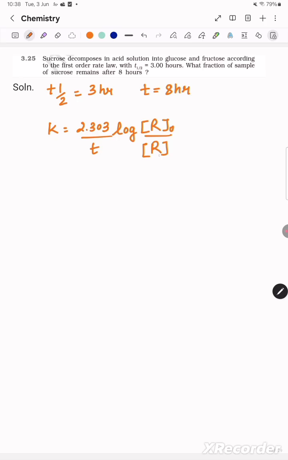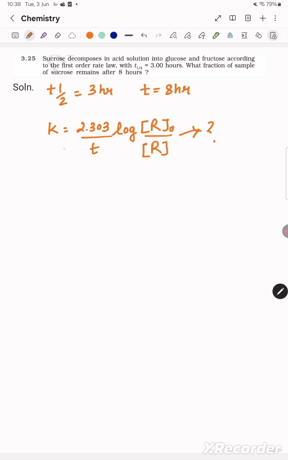From the formula we conclude that this is the fraction of sample. We can write this in the form of a fraction. So we have to calculate this one.